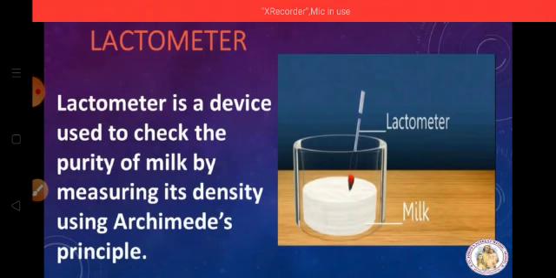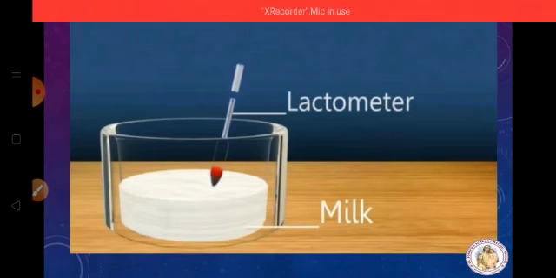Next, let's see the construction and working of the lactometer. One form of hydrometer is a lactometer, an instrument used to check the purity of milk, whether the milk is purely mixed or not.